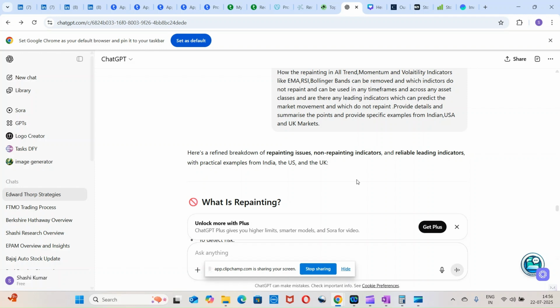Okay, so that is the topic today, and we'll go through some specific examples of leading indicators which don't repaint from Indian, US, and UK markets.